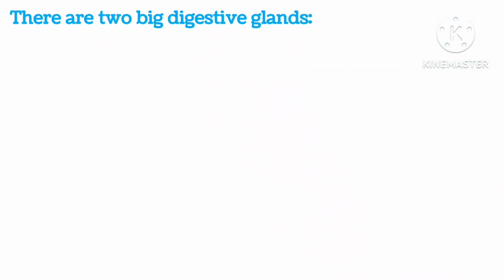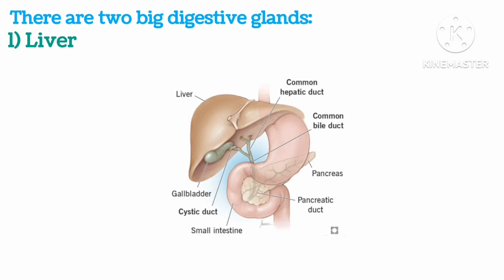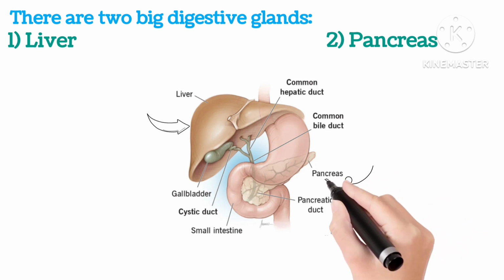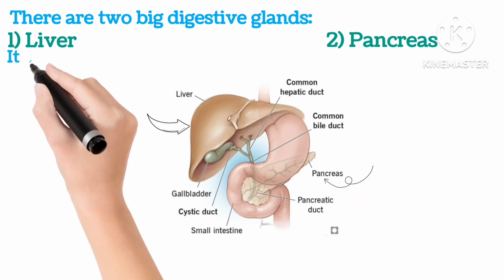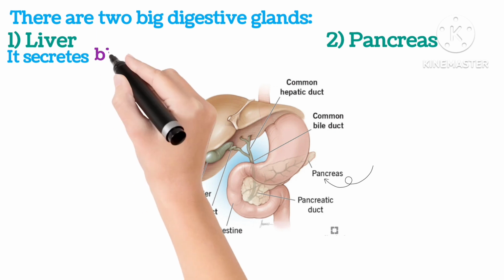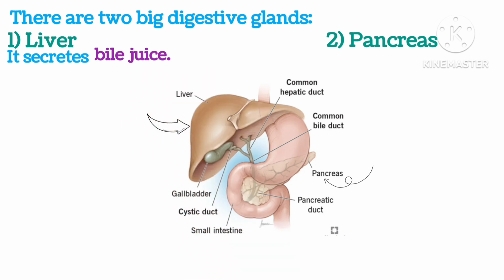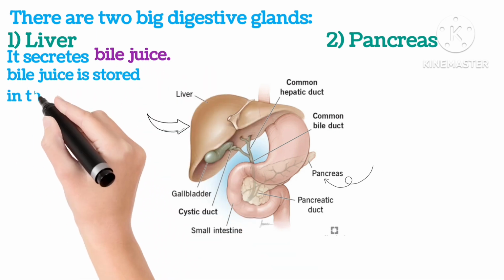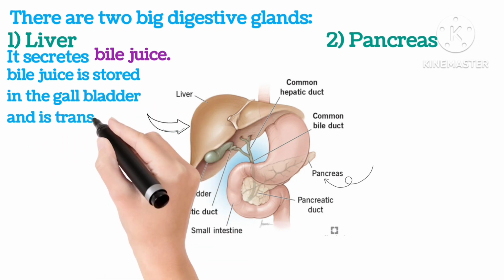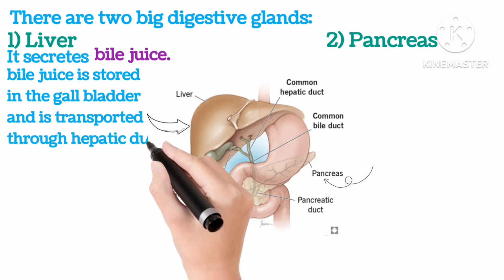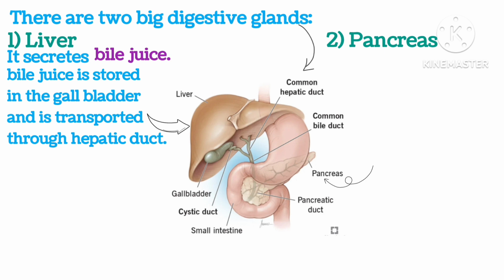There are 2 big digestive glands, liver, you can see in the picture, liver, and pancreas. Look into the picture, pancreas. Liver secretes bile juice. Bile juice is stored in the gallbladder and is transported through hepatic ducts.